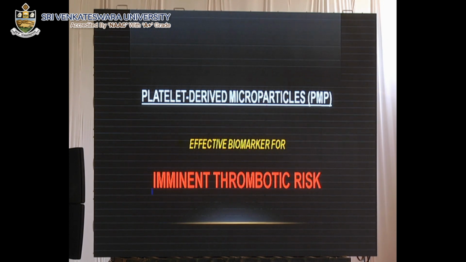So the basic premise is that platelets, you see, are very small cells, and they can generate still smaller particles, about 100 to 500 nanometer.